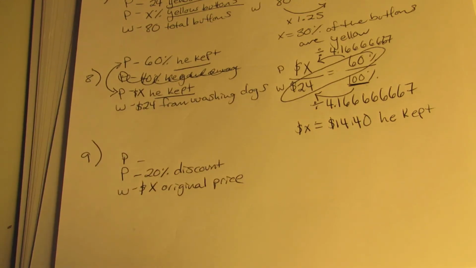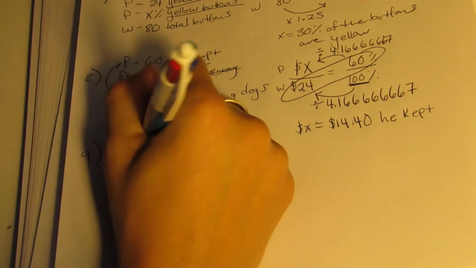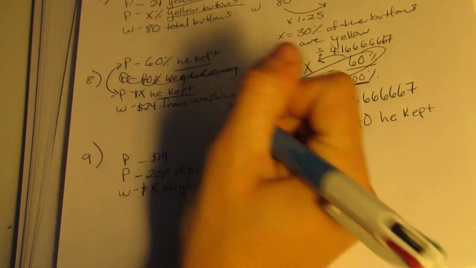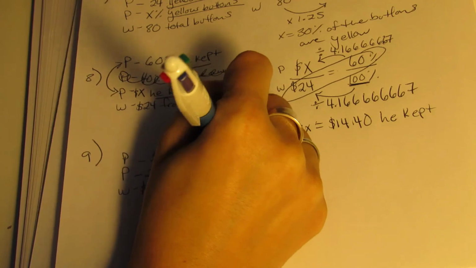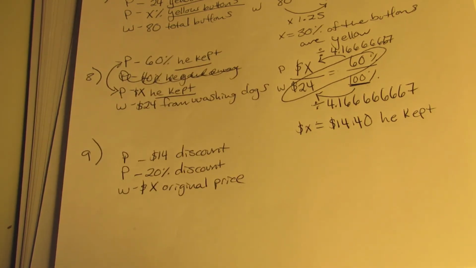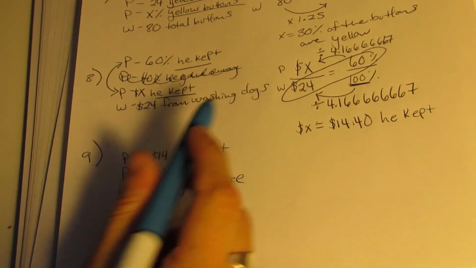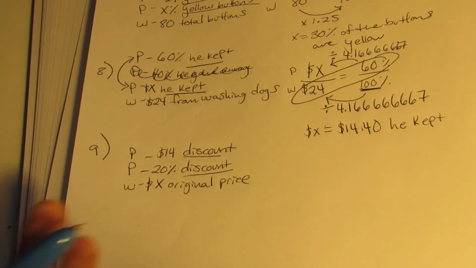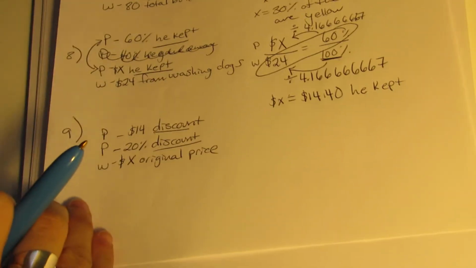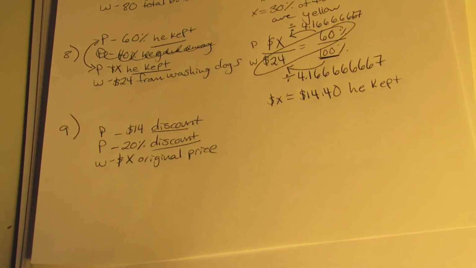And it also says the discount was $14. So if I write $14, I can also say that was a $14 discount. Now, again, here's our test. Do these two P's match? Does that say discount? Does that say discount? Yes, they do. That means I can go ahead and set up my proportion off to the right.